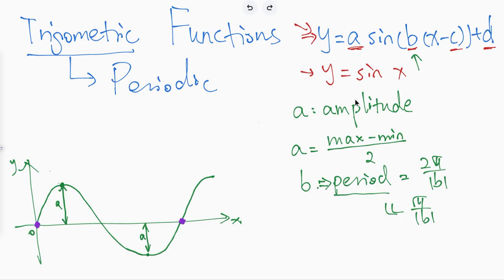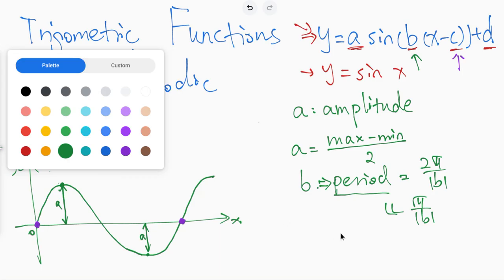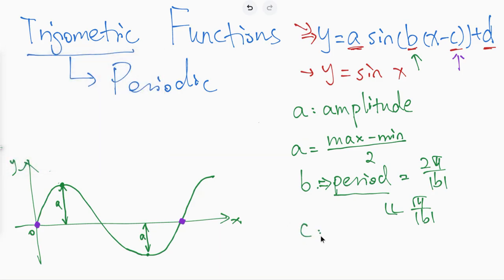The value c is mostly the same as for other types of functions as well. If we have a constant applied directly to x, it denotes a horizontal shift. In the context of a trigonometric function, we usually call this a phase shift.